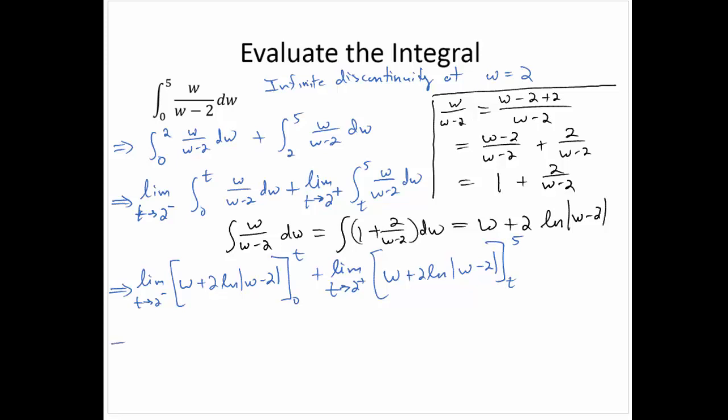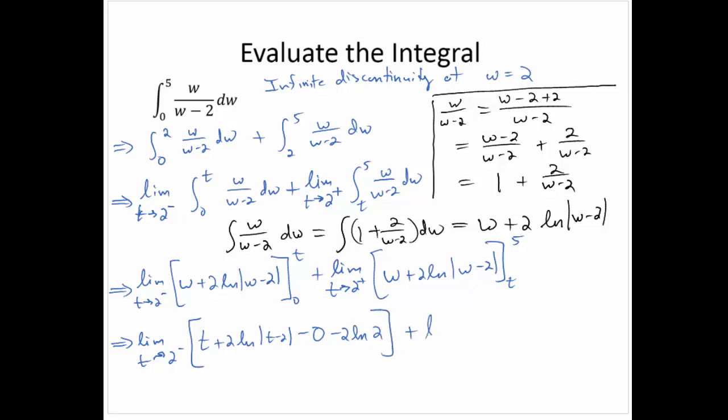Substituting, I'd have the limit t approaching 2 on the left. I would have t plus 2 natural log absolute t minus 2. All right, now substituting 0: minus 0 minus 2 natural log, and the absolute value of negative 2 is 2.